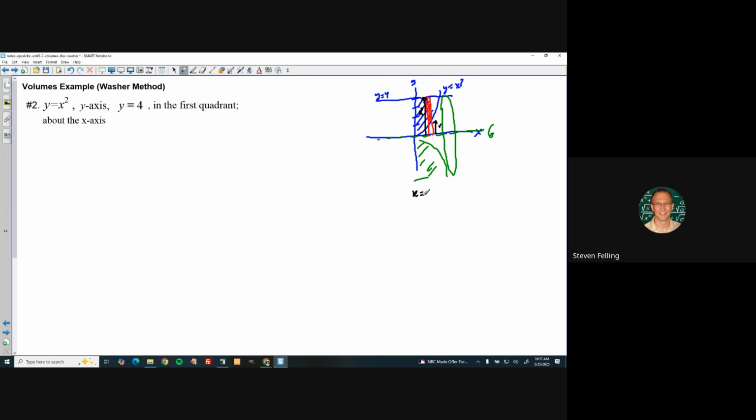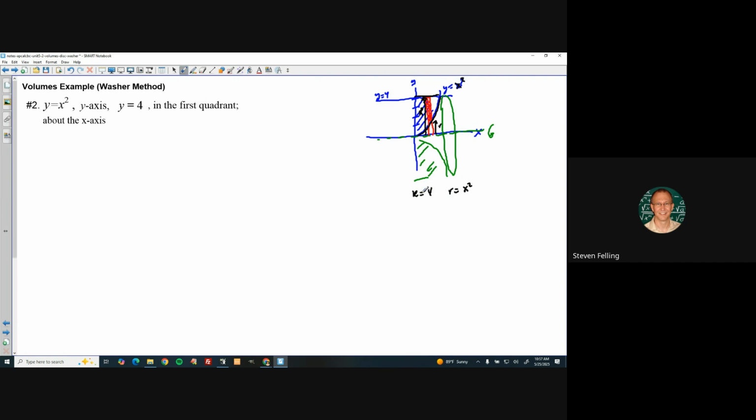So the capital R is established by this boundary, and that boundary is just 4. This is in the y direction, it's just y equals 4, so the radius is always 4. The lowercase r is established by this boundary, and it's how far up this is in y. Since that y is x squared, that means this radius is x squared.